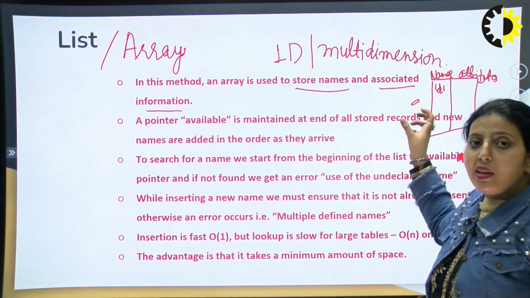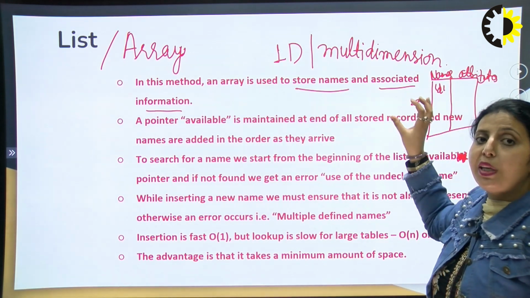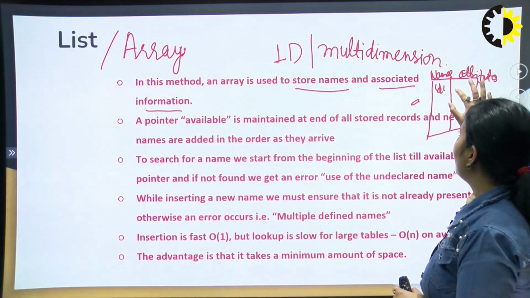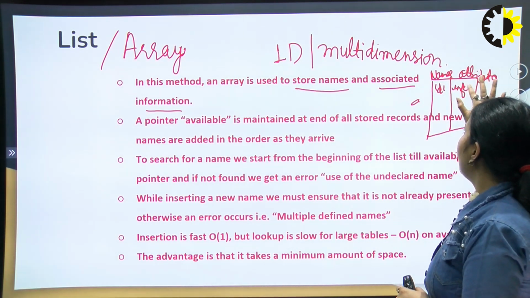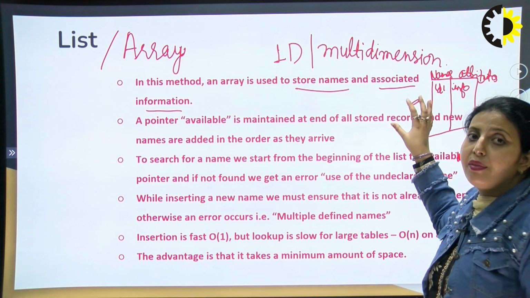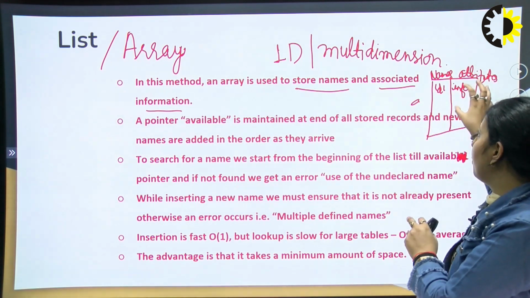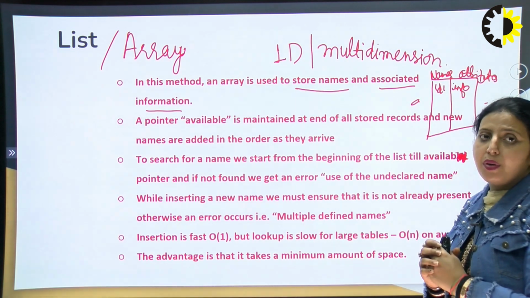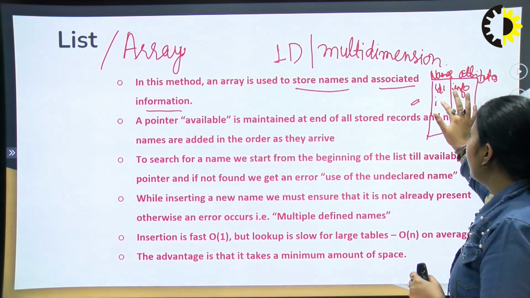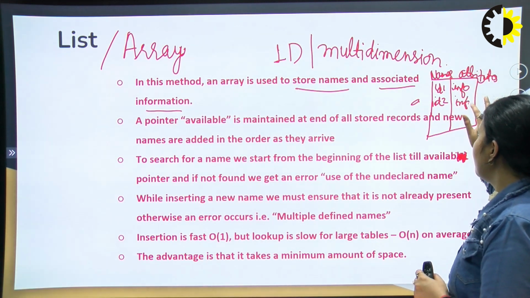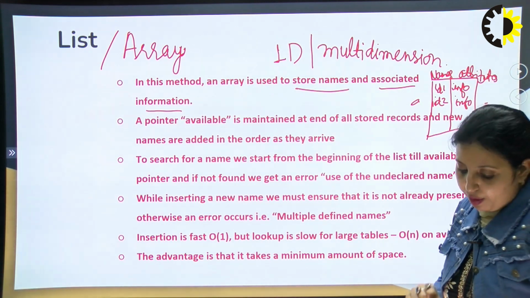That is the name of that particular identifier. And the information related to this identifier is stored in another column of the symbol table, that is the attribute column. There can be many more entries in the symbol table.